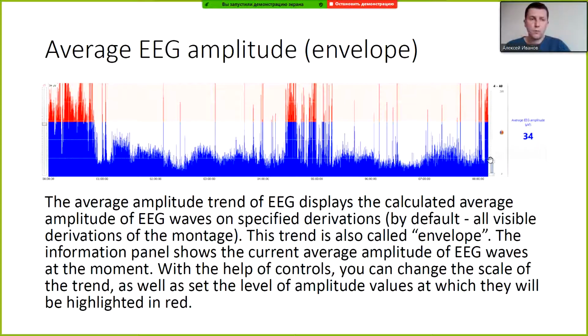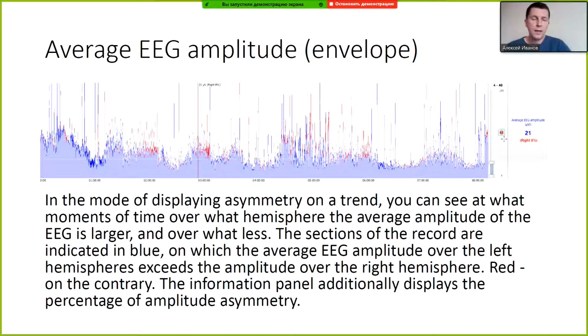With the help of controls, we can change the scale of this trend as well as set the level of amplitude which will be highlighted in red color. Using hemisphere asymmetry mode, we can highlight with blue and red in which areas the average amplitude is higher, in the left or in the right hemisphere.